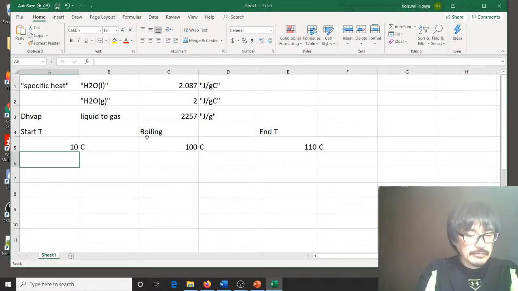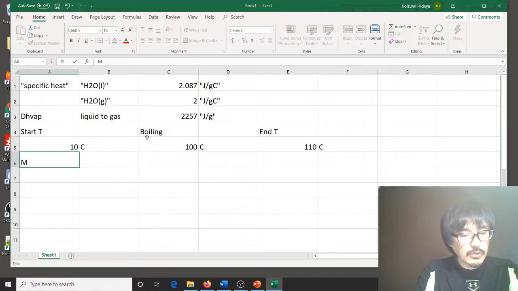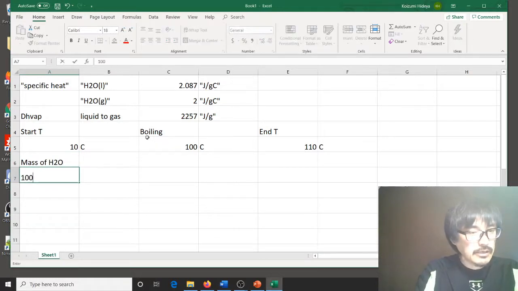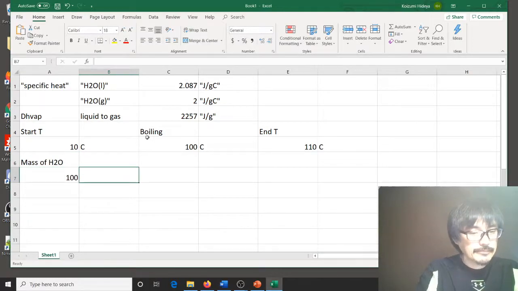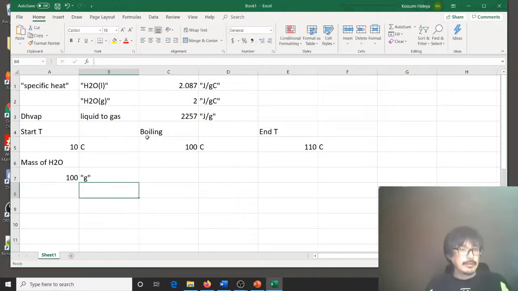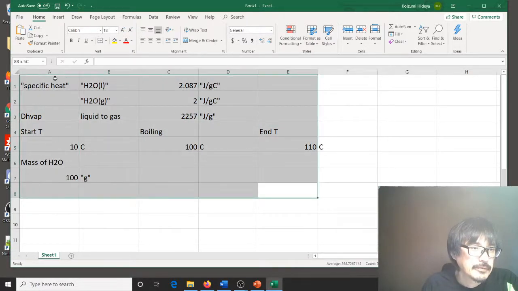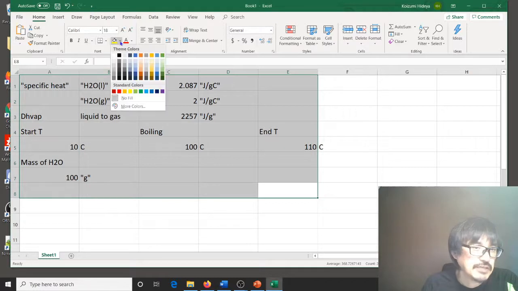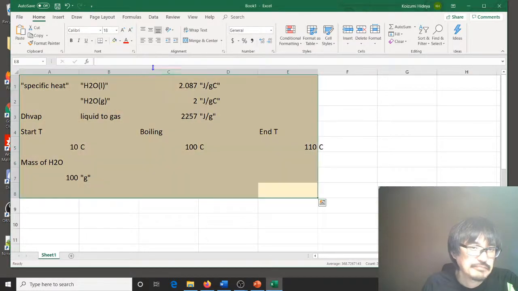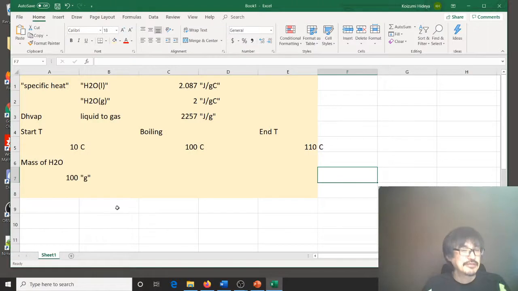And the mass of water is 100 gram. Alright, so these are all the information we need to solve the problem. This one right here is just the information sheet, so I'm gonna put some colors to it. It's good enough. Alright, so let's just do step 1.